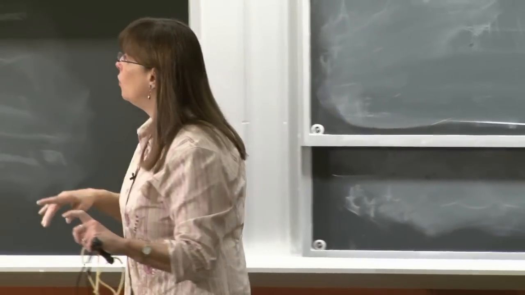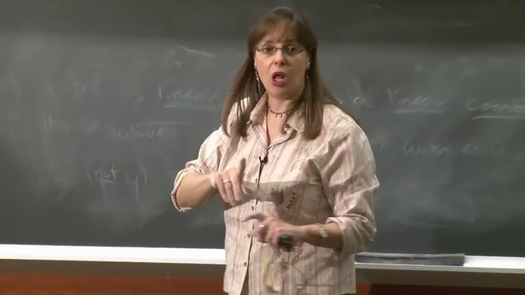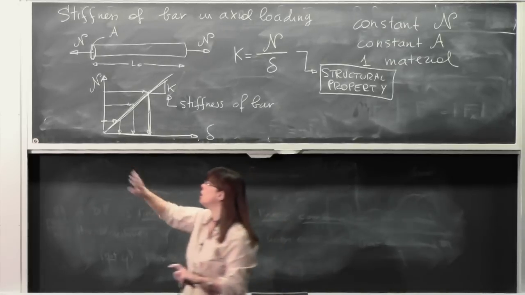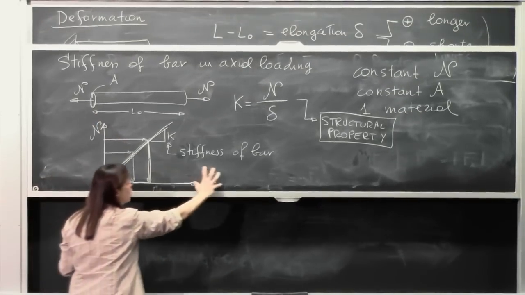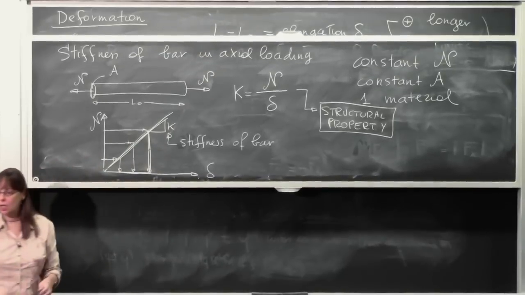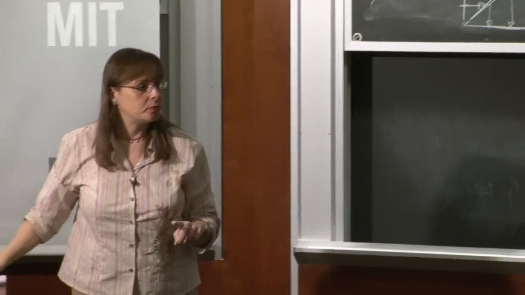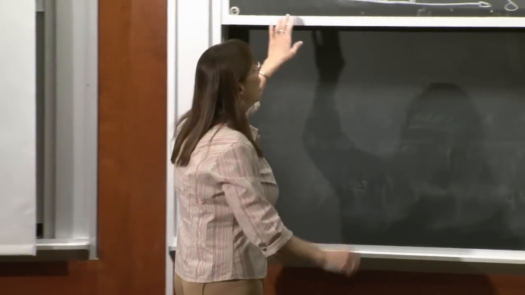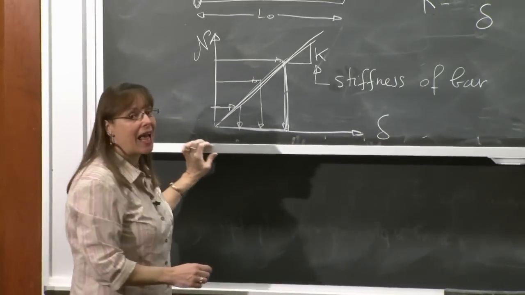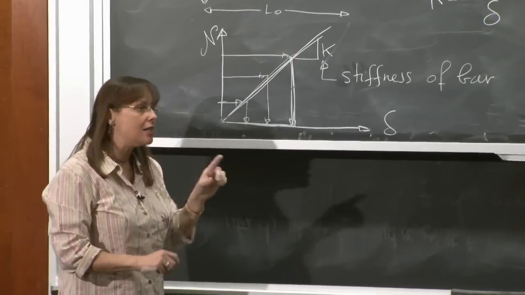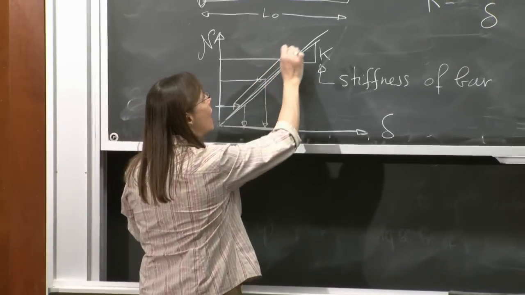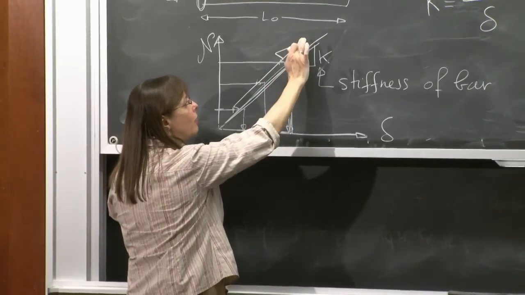In 201, we will mainly focus, actually, we will only focus on structural response, in which the loading and the deformation are related through a linear relationship. Not only that, but also we're only dealing with materials which are elastic. Elastic does not mean linear. Elastic means that if I go up and load, I go up this way.